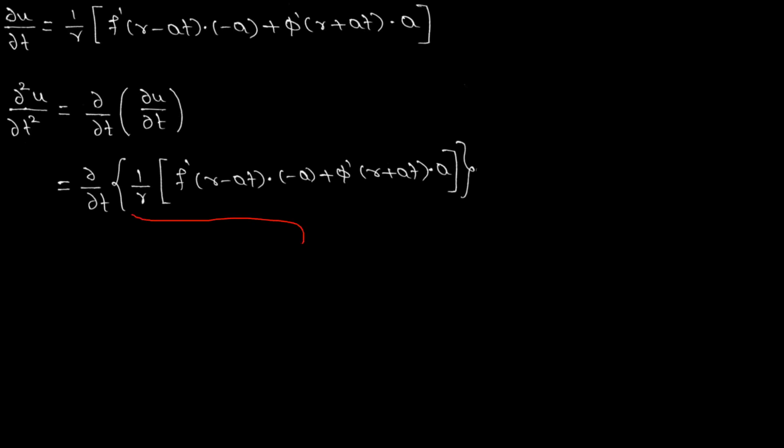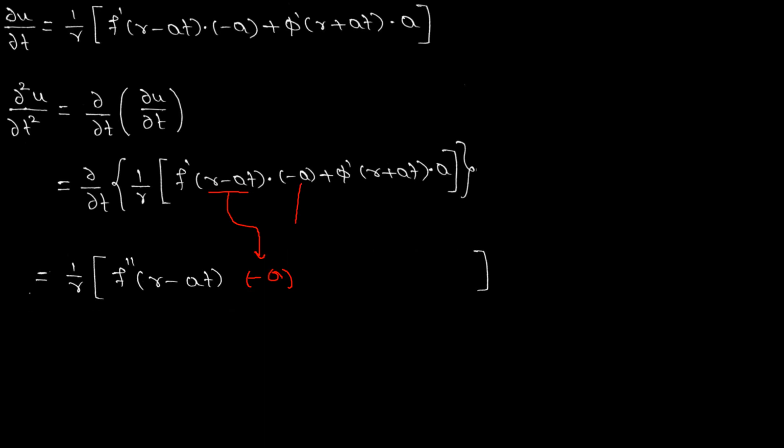Yes, we have substituted here. In this 1 by r is again taken to be as a constant, and differentiation of f dash will give f double dash. Differentiation of r minus a theta again will give minus a, but one more minus a is already there. Along with this minus a, it gets to minus a whole square.